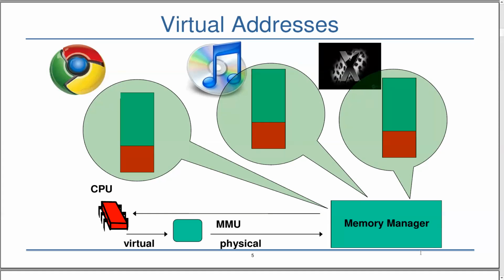For simplicity, you don't need to worry about the implementation right now. There is some way to translate a virtual address to a physical address. The exact mechanism we'll talk about later, so that's not something we should be concerned with right now. One way or the other, there is some mechanism to translate virtual to physical addresses, and a special unit, a memory management unit, is going to do that.